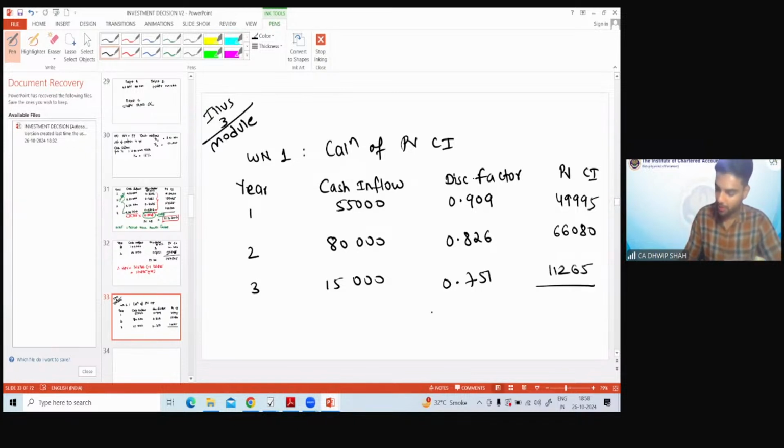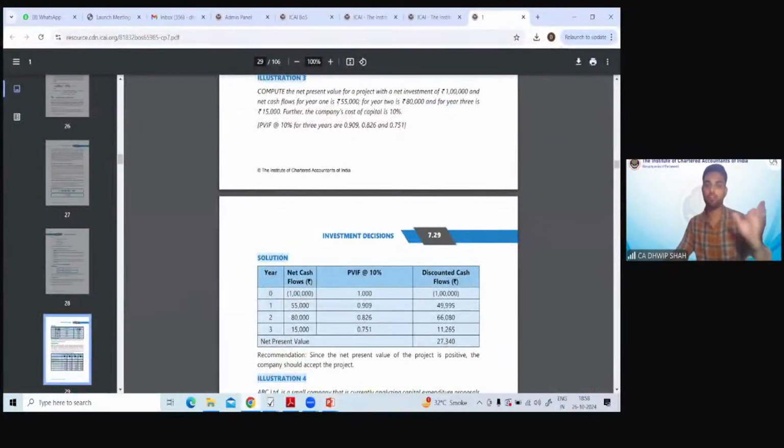11,265. So my total PVCI comes to 66,080 plus 49,995, 127,340, less present value of cash outflow. Cash outflow is happening only once, that is at the start of the project, 1 lakh.